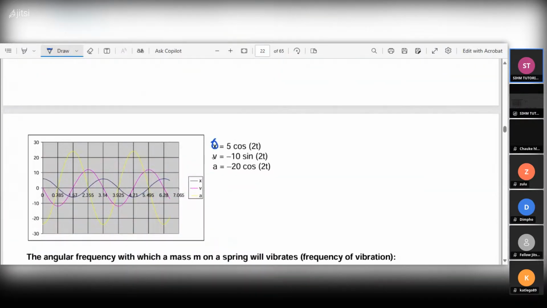We have x, we have v, we have a. So we have all of the equations for simple harmonic motion: the displacement, the velocity, and the acceleration. This is not just a velocity; this is the maximum velocity, and this is the maximum acceleration from that point.